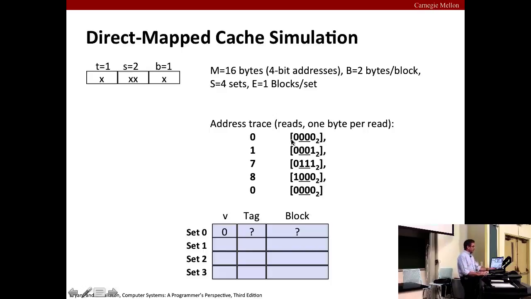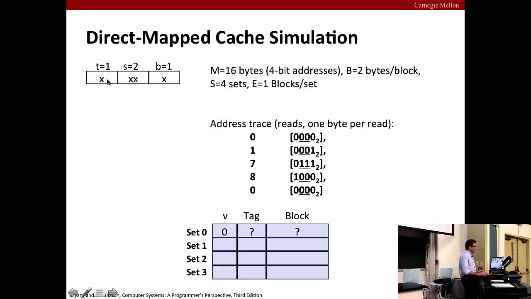Okay, so this is a really simple example. Our memory system consists of 16 bytes, so it's not a very useful system, with 4-bit addresses. And it's broken up into blocks of 2 bytes each. Our cache consists of 4 sets with 1 block per set.